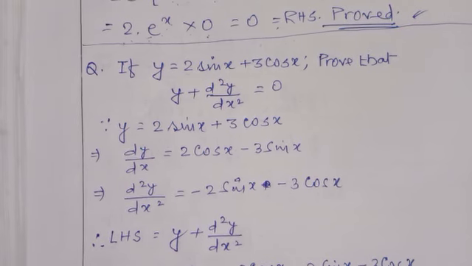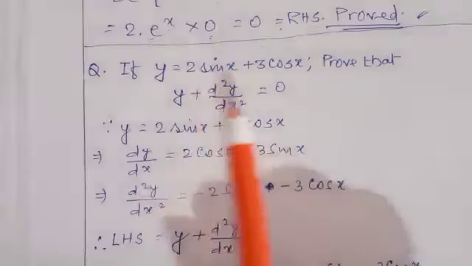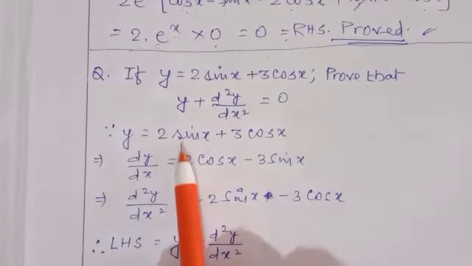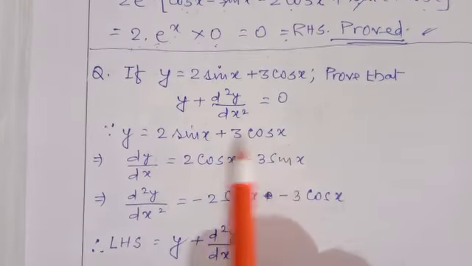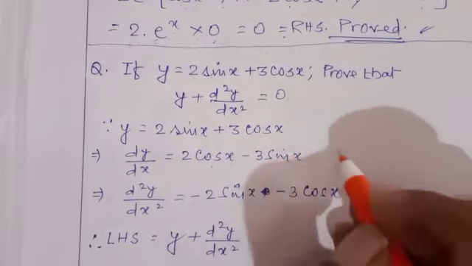See what is given. y is equal to 2 sin x plus 3 cos x. Differentiate with respect to x. dy by dx is equal to 2, differentiation of sin x will be cos x, and cos x is minus sin x.